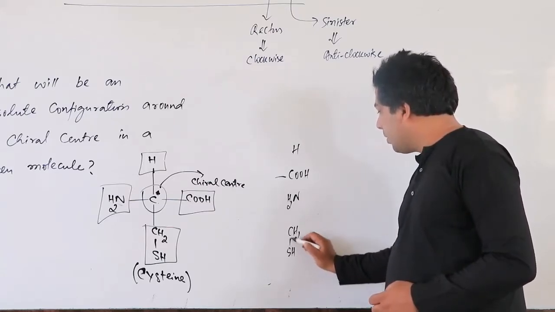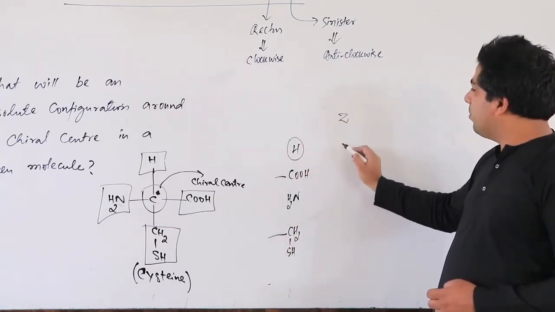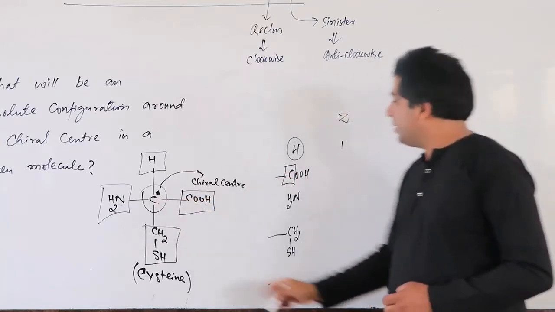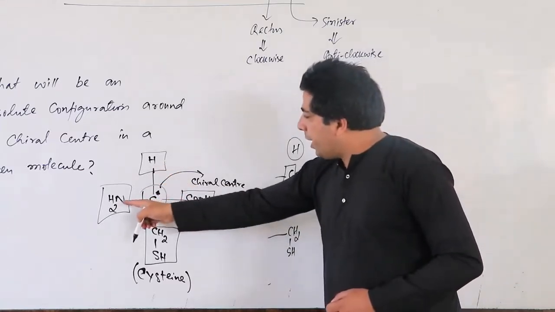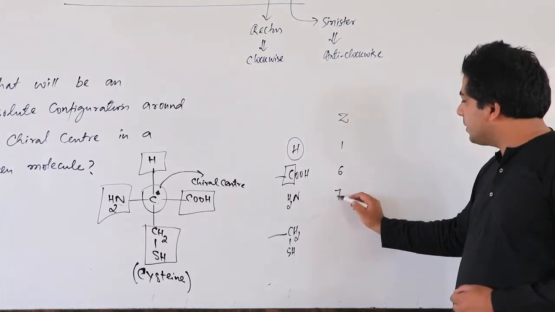In the first case, hydrogen is attached and its atomic number is 1. In the second case, carbon is attached to the chiral center, its atomic number is 6. In the third case, nitrogen is attached and its atomic number is 7.